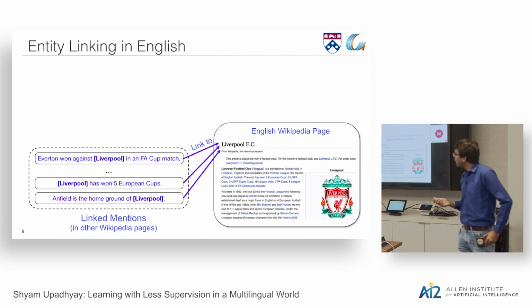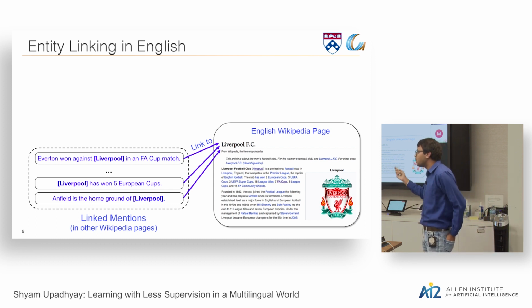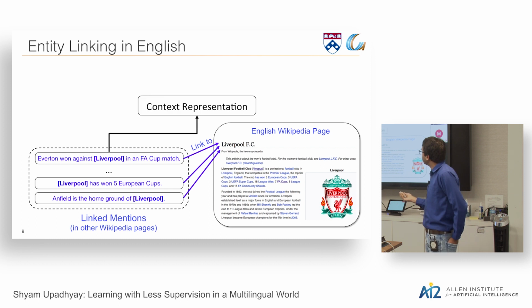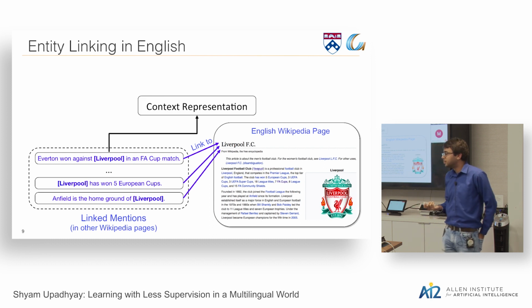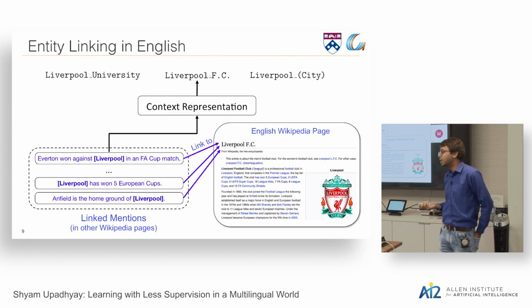So in English, we have lots of linked mentions of an entity like Liverpool that all point to the football club's Wikipedia page. And using the contexts of these linked mentions, we can learn some form of context representation that can accurately disambiguate which Liverpool is being talked about.